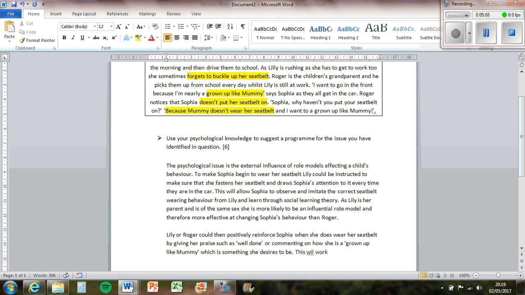This should work due to operant conditioning, which is where, due to reinforcement, the behaviour is strengthened if it has desirable outcomes.